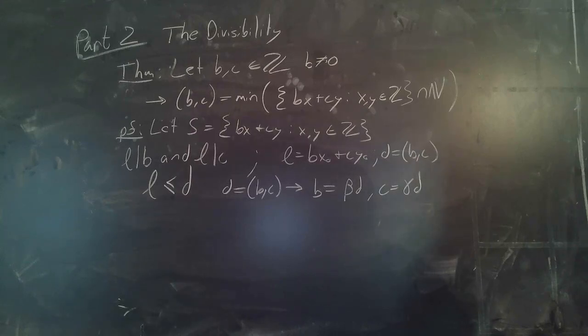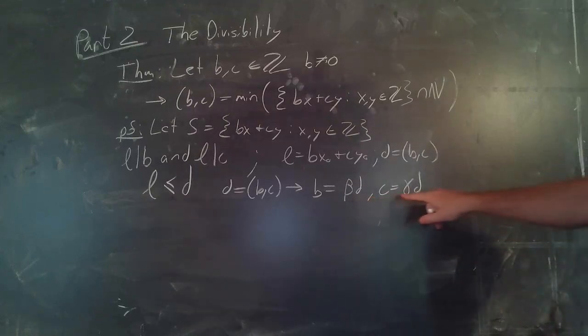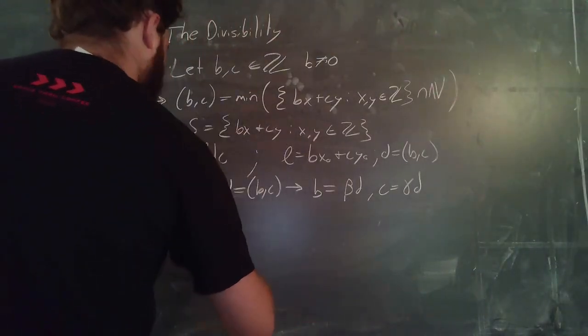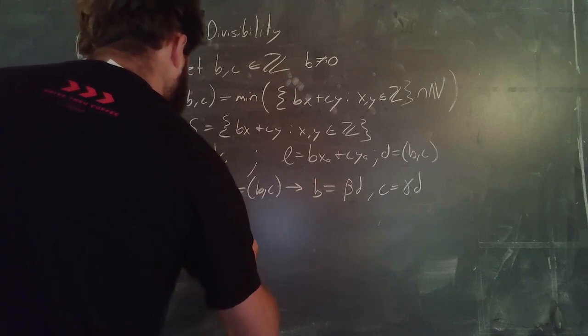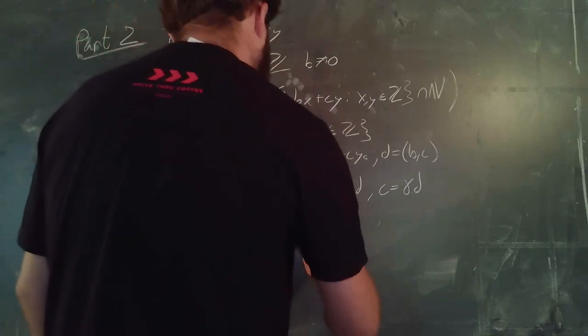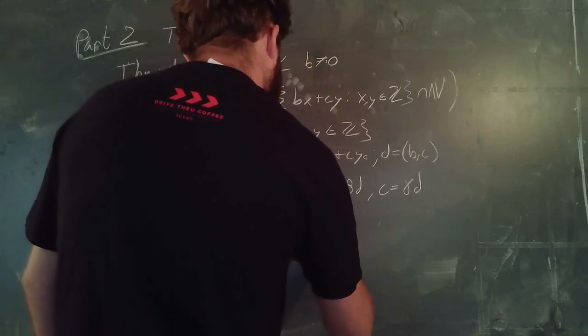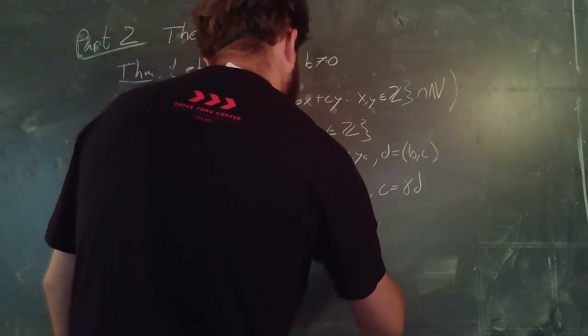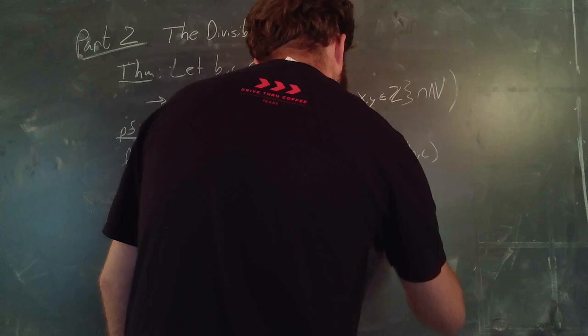Now furthermore, we notice that since L is equal to bx0 plus cy0, we can replace the b and the c with our different ways of writing b and c. So L is equal to bx0 plus cy0, which is the same thing as writing beta d x0 plus gamma d y0.